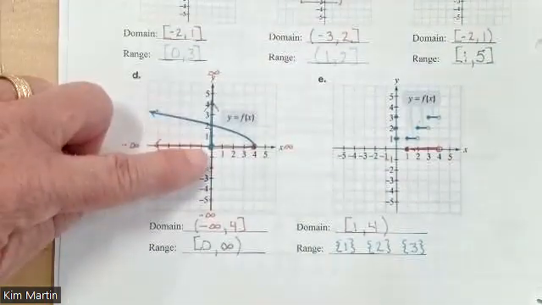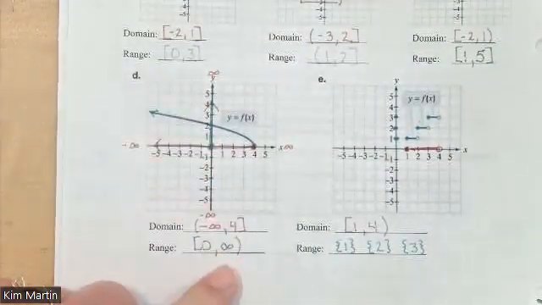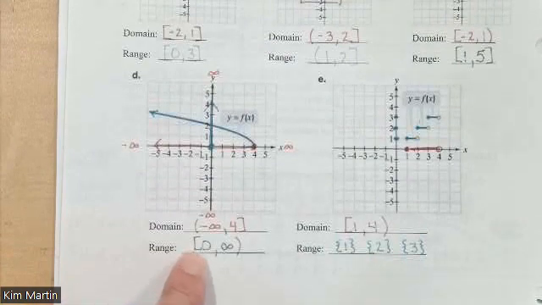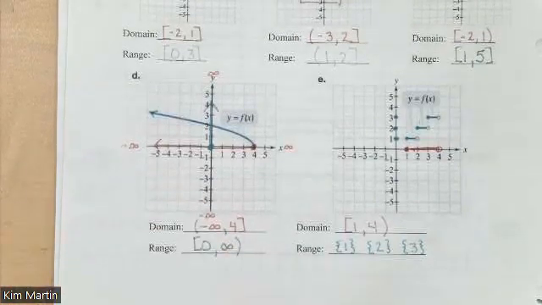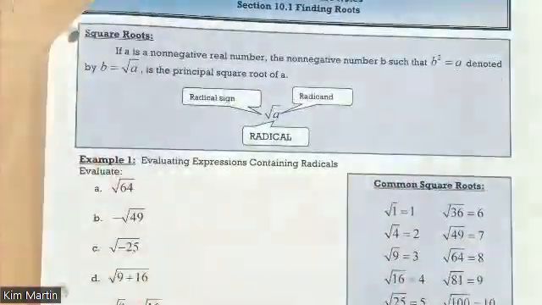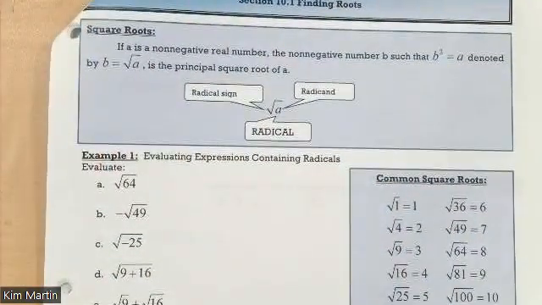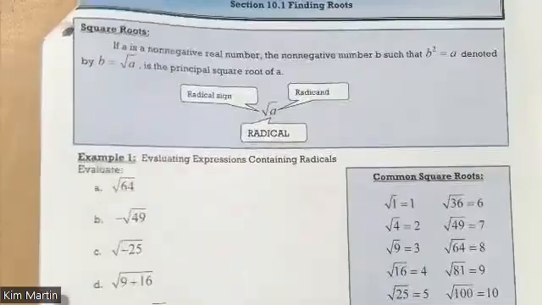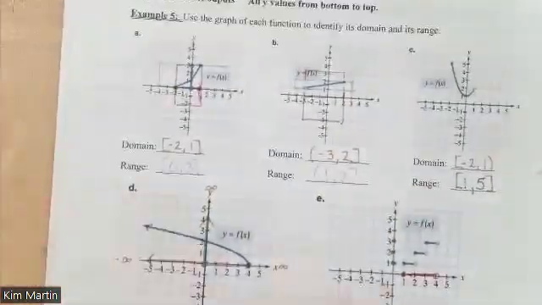The smallest is 0 and the largest is infinity. Solid circles have brackets. Open circles and infinities have parentheses. Okay. All right. On range, domain left to right. Yes.